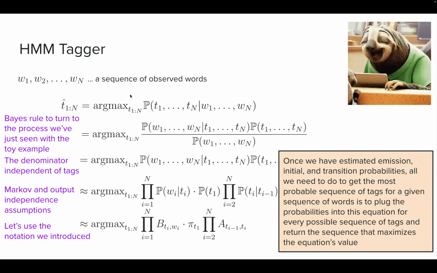So we have our labeled data set, namely a sequence of words with a sequence of tags. And our goal is to find a sequence of tags that we should use to label that sequence of words. So basically, mathematically, we are looking at the sequence of tags that maximizes the conditional probability of the sequence of tags given a sequence of words.